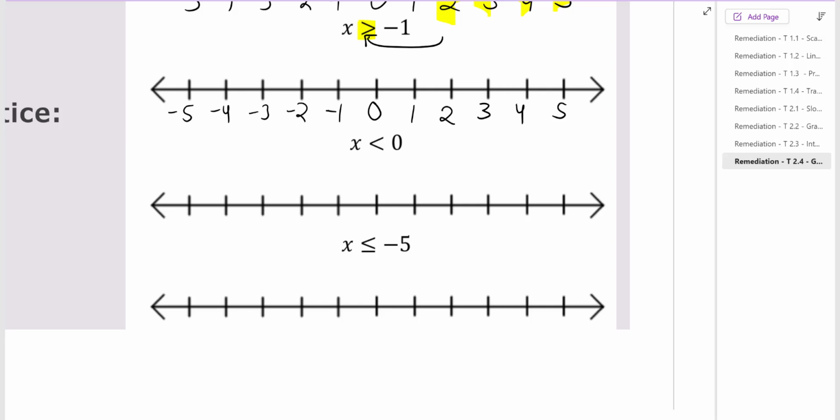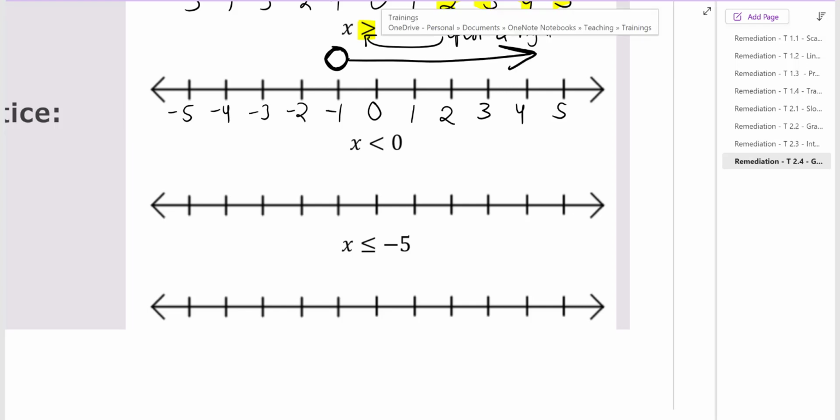Ese símbolo significa está abierto, open. And then the direction it's pointing is right. Y está en la dirección de derecha. So I'm going to go point open at -1 and to the right. Possible solutions. Las soluciones posibles include 0, 1, 2, 3, 4, 5.